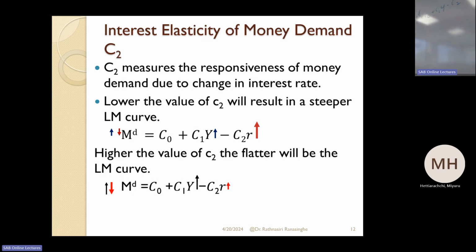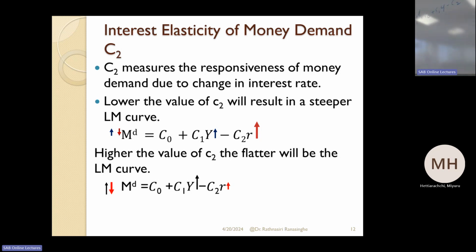So the money demand has reduced by a small portion. We know the money market must be in equilibrium, so there should be a rise in the income, because the money demand will be increased again to equilibrate the money market. So we see a small rise in the income.